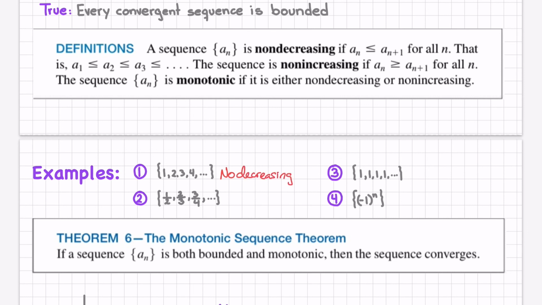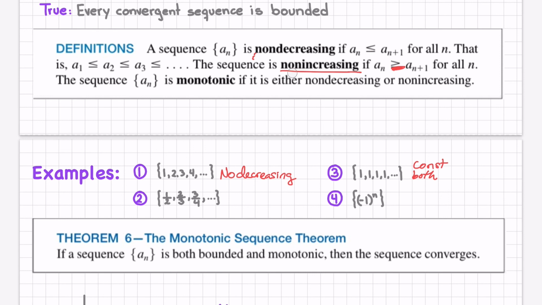Okay. This one is constant. So it's both, because we are allowing the equal sign on both. It's non-increasing and non-decreasing, both, because of the equal sign in the definition.